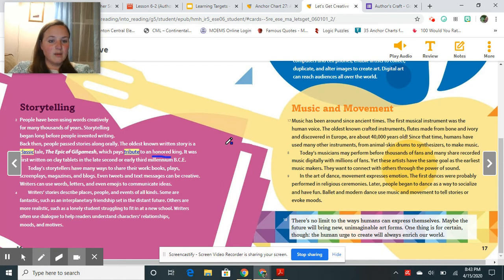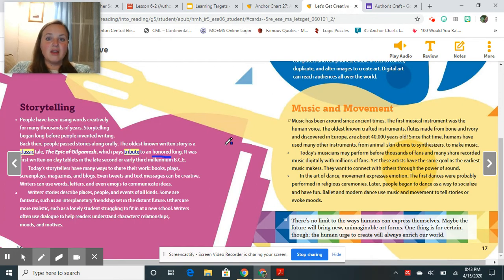If they're paying tribute to an honored king, that tells us that it's a story about a person who is well respected, that they deserve to be acknowledged for the deeds that they did in their life. So honored in this case probably means that they were a very well-liked and well-respected king.